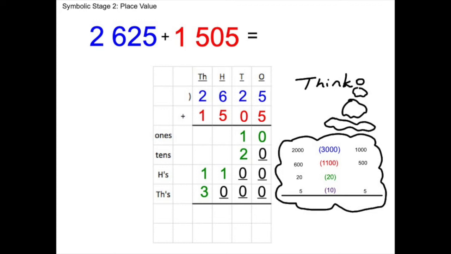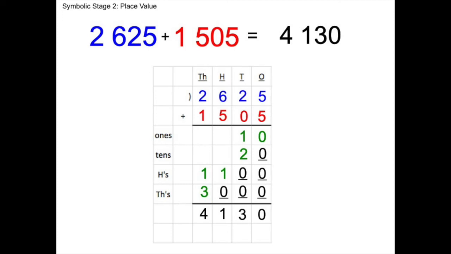You can see the thinking that goes along with this. It connects to our expanded notation that we learned in stage 1. And as you can see, once the chart has been completed, all we need to do now is add up the rows of ones, tens, hundreds, and thousands, and we will have a total of 4,130.